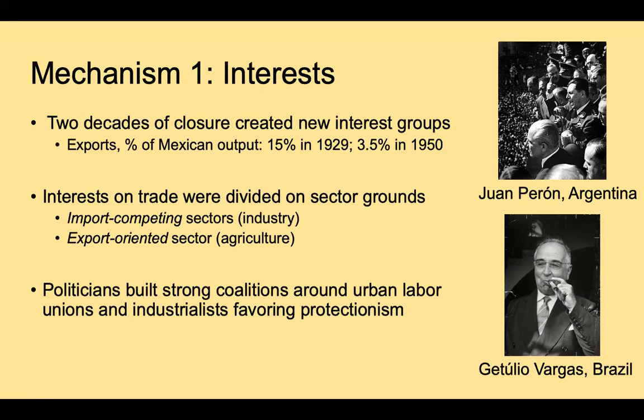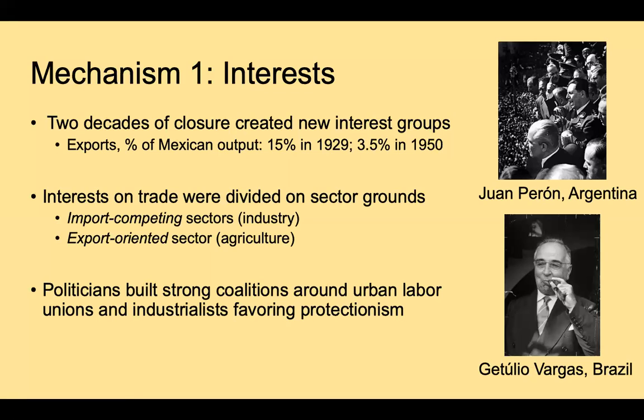In the Latin American experience, the two decades of closure that basically spanned 1930 and 1947, that period between the beginning of the Great Depression and the initiation of embedded liberalism, was a critical period. It created new interest groups.